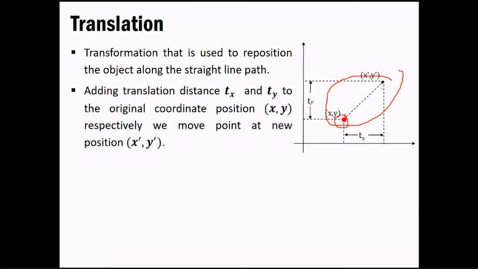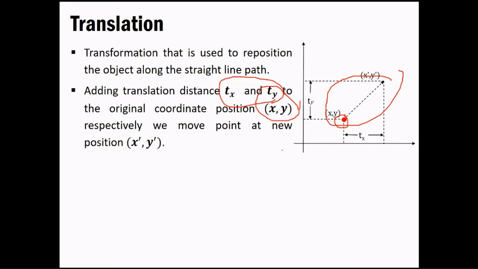Okay, so translation says we add the translation distance, because obviously if you want to reposition it you just have to add something, or subtract something from it. So now we have two things over here, denoted as tx and ty, which are added as the translation distance to the original coordinate position, as in our figure.